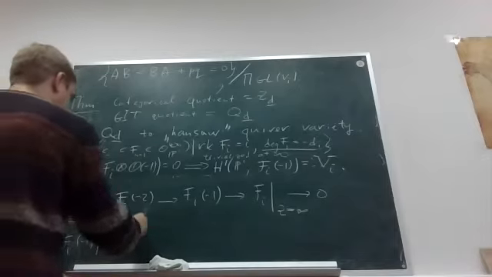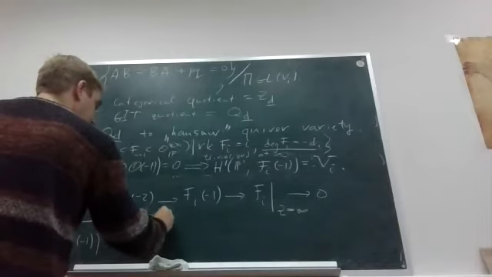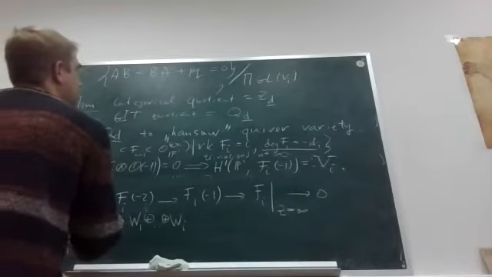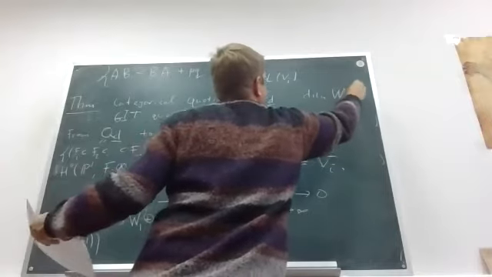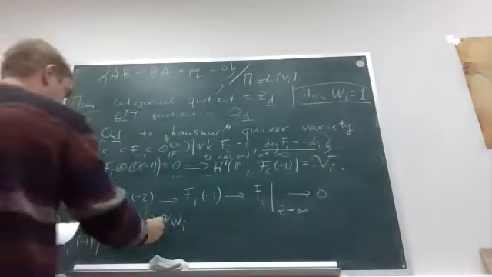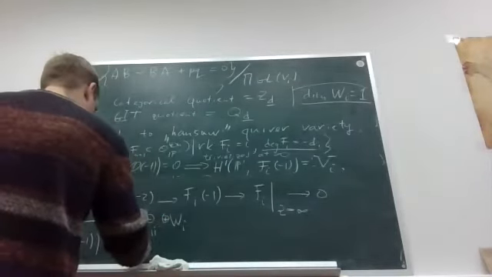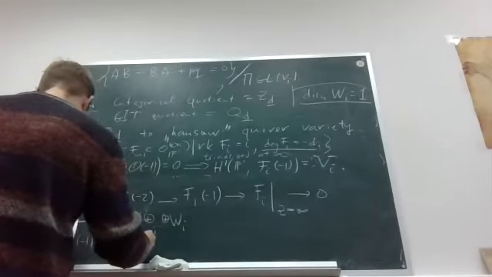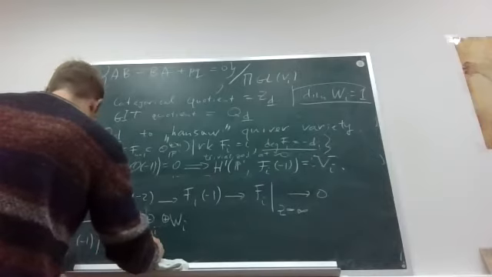So it is an i-dimensional space, which I write as W1 plus and so on plus Wi. So the dimension of W1 is that of the skyscraper sheaf.